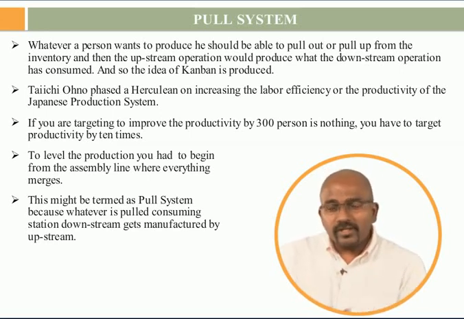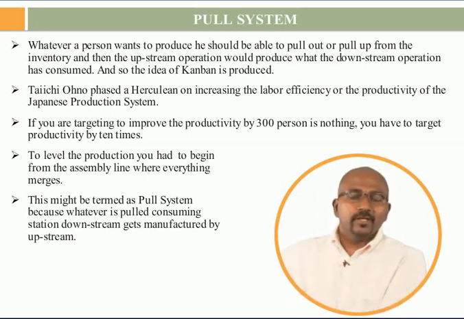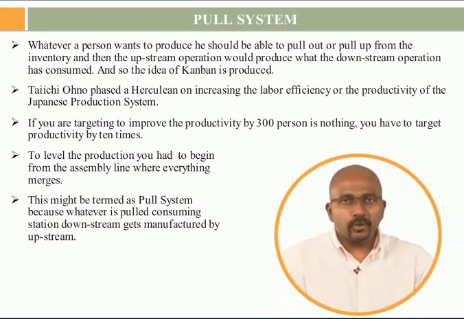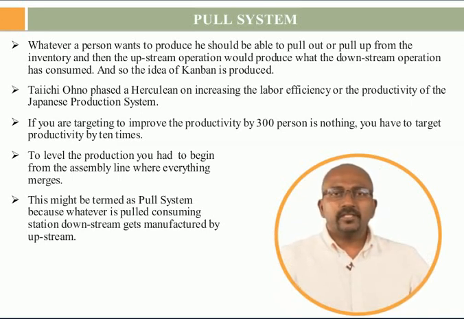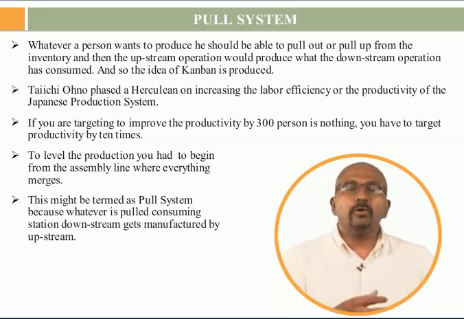To get the flow on the assembly line moving, you have to only make what is required to be produced. That means please do not produce anything which is not required, or to avoid overproduction.